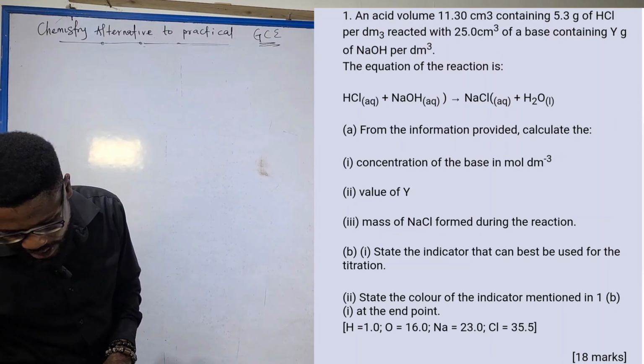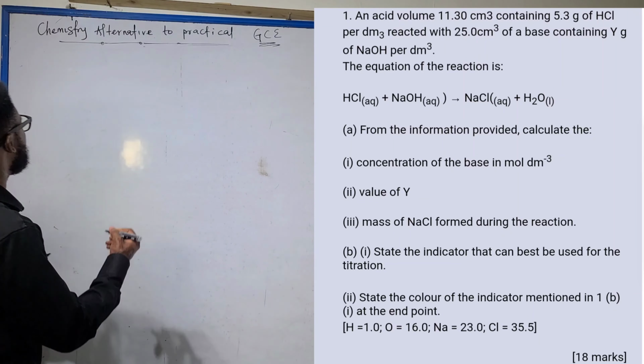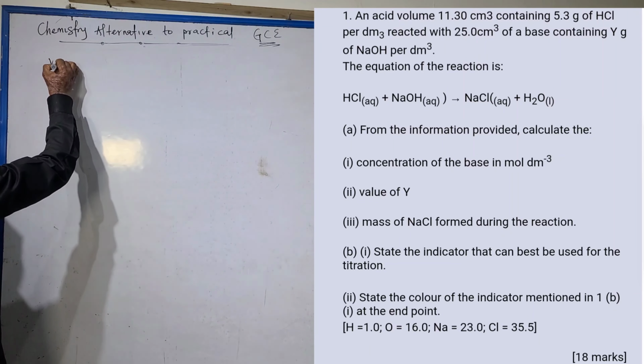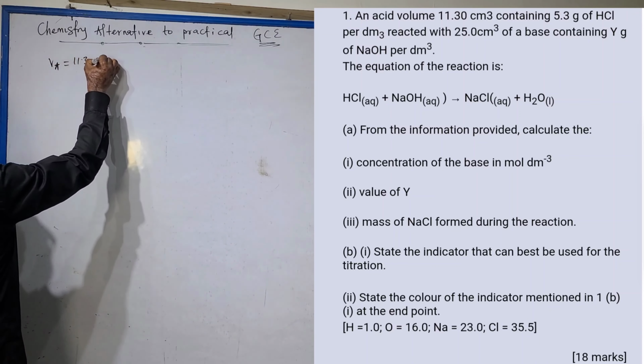So A1 says we should find the concentration of the base in mole per dm cube. Very easy. The volume of the acid here is 11.30 cm cube.